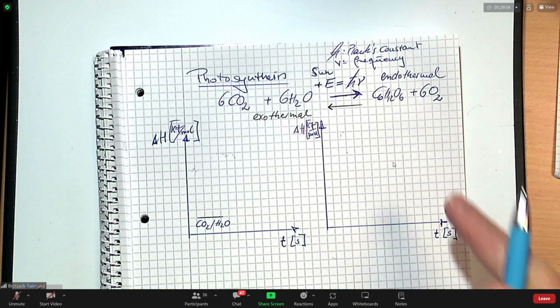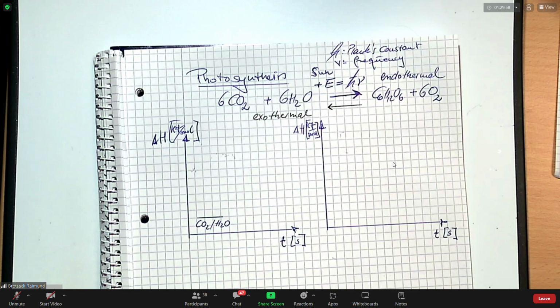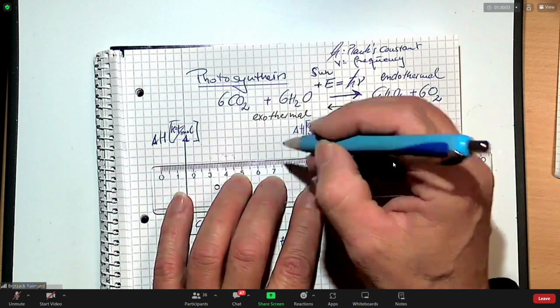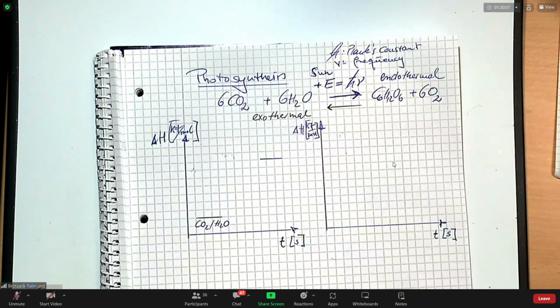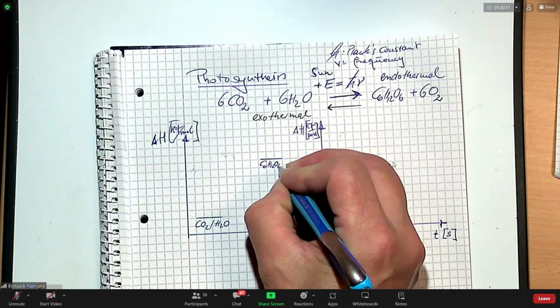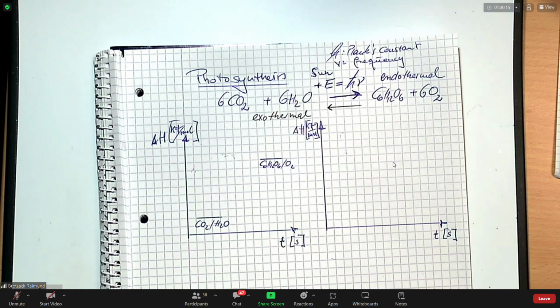And the products are this glucose, so our biomolecule, and oxygen. And of course, the energy level of the product is higher. So that is C6H12O6 and oxygen. Just to simplify, we do not split up into biomolecule and O2, just products and educts.